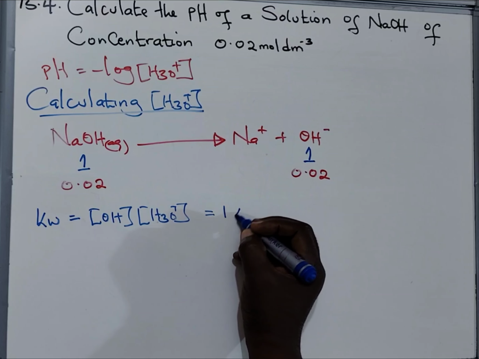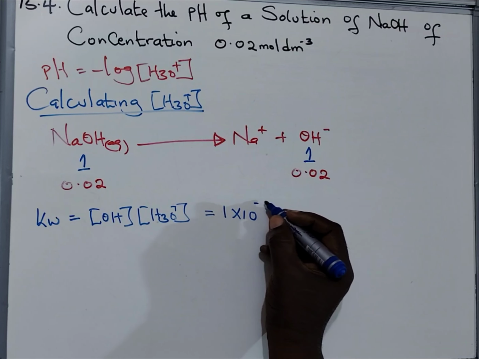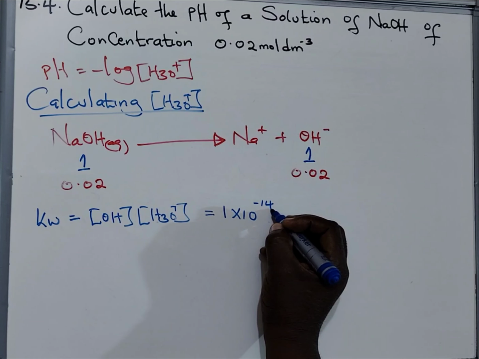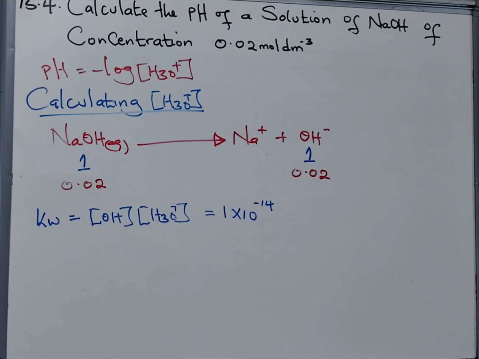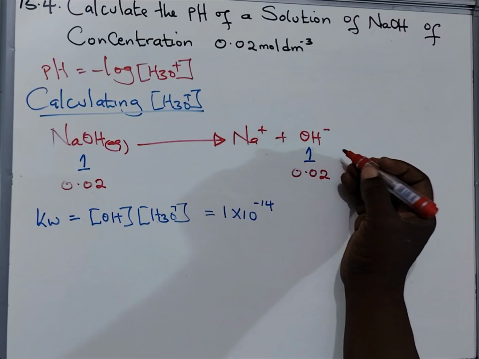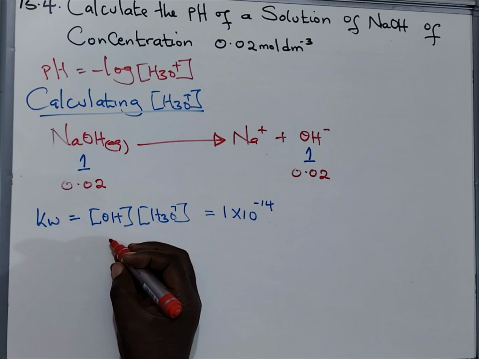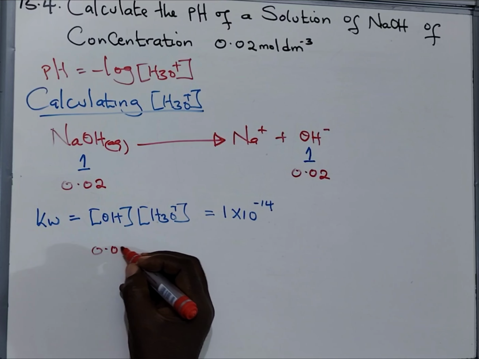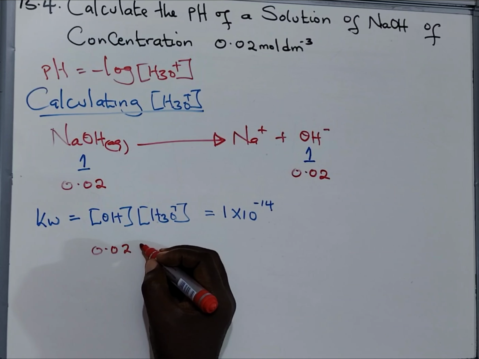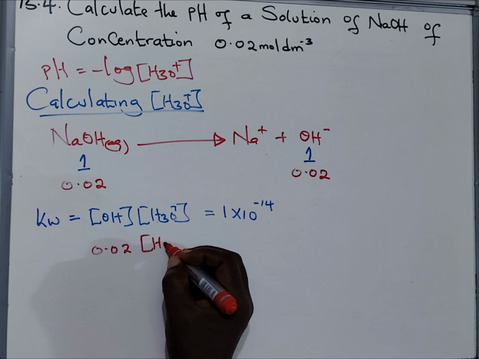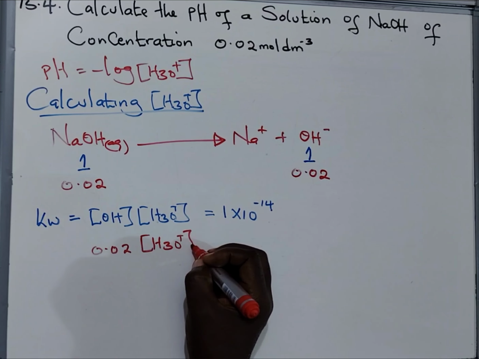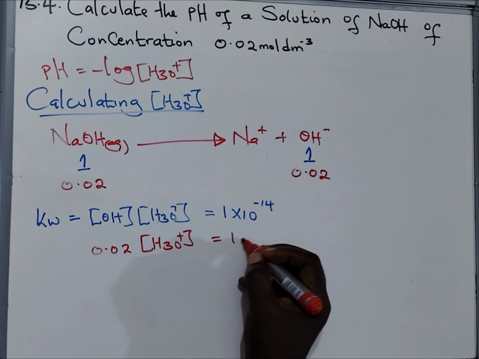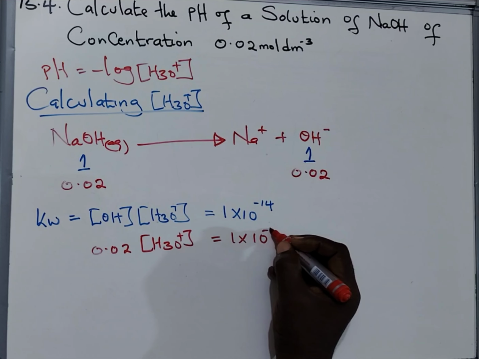It is 1 times 10 power minus 14. So we substitute for hydroxide because we have it now here. It's going to be 0.02 times hydronium ions, giving you 1 times 10 power minus 14.